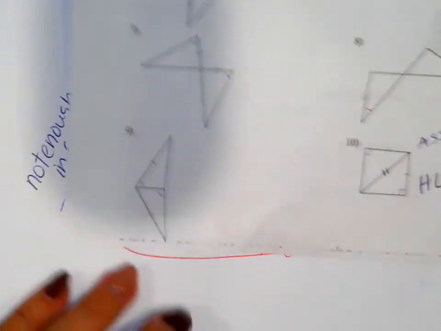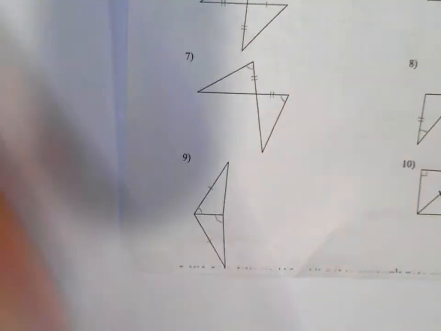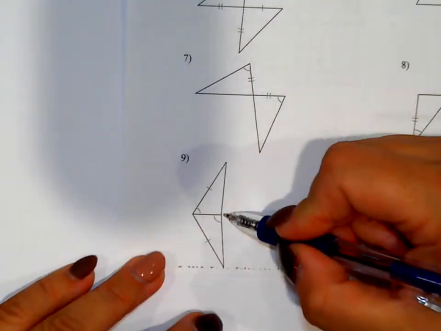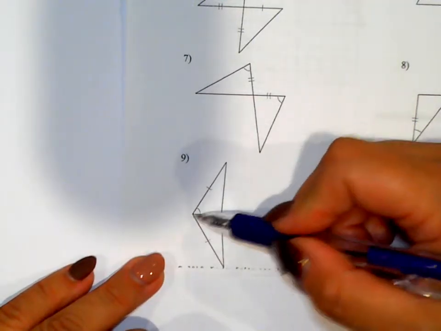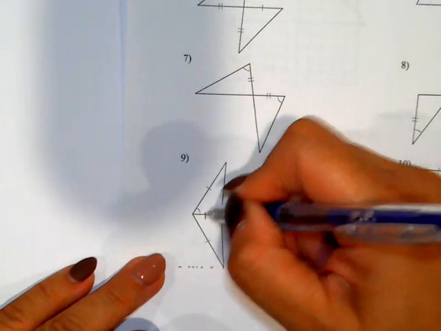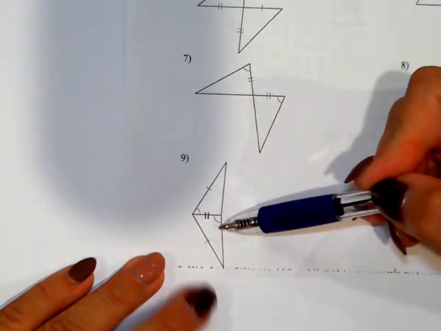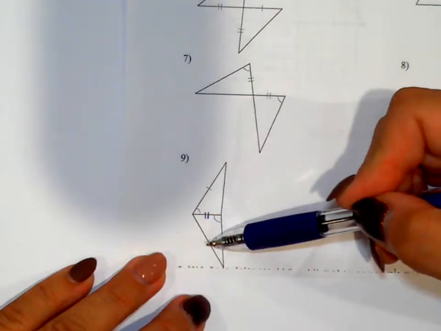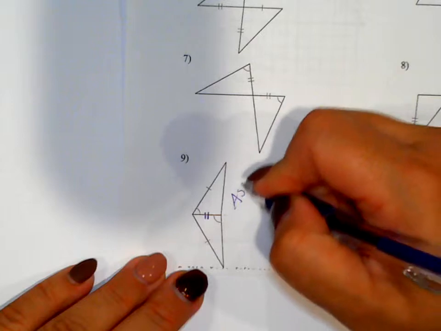This guy right here, let's look at number 9. Let me move this paper out of the way. You have a side, you have an angle. I can say that this guy right here is reflexive. But now I have angle side side. Can't have angle side side. You're here again.